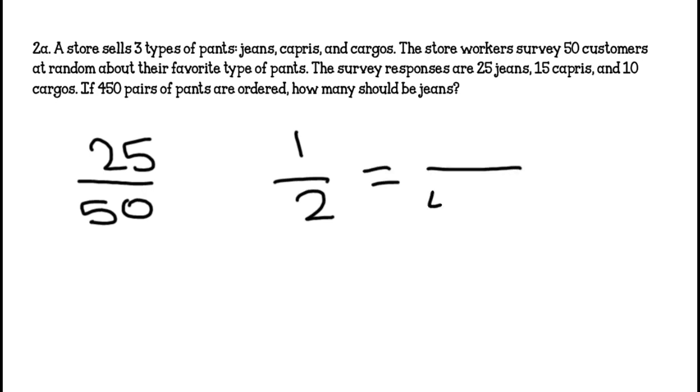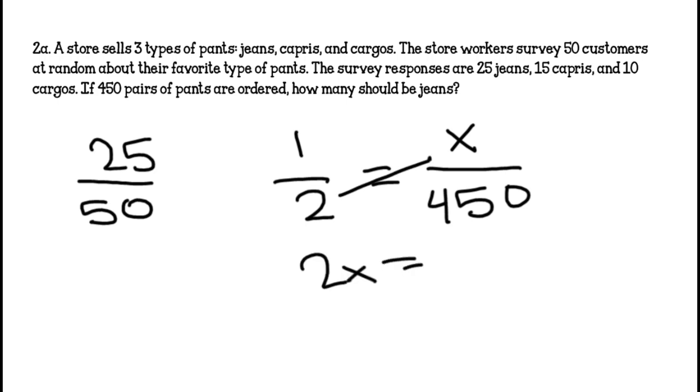And then I'm going to do 450, and I'm trying to figure out how many jeans I'm going to order. So I take 2 times x, which is 2x, and I take 1 times 450, which is 450.